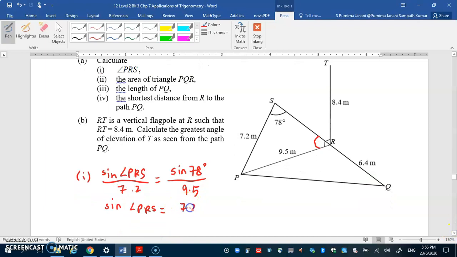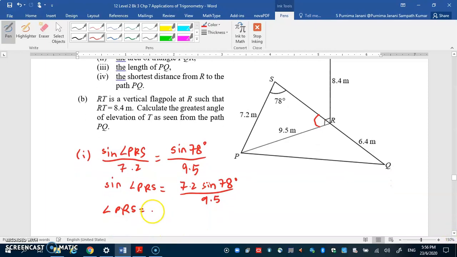Then you will find sine PRS to be 7.2 times sine 78 divided by 9.5. Therefore, PRS is equal to sine inverse of this.